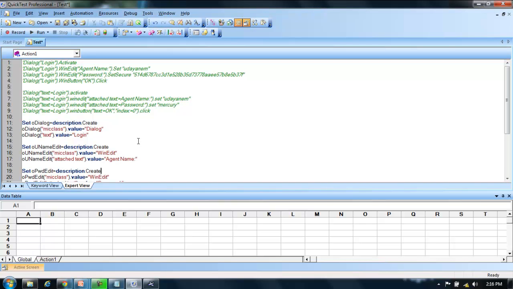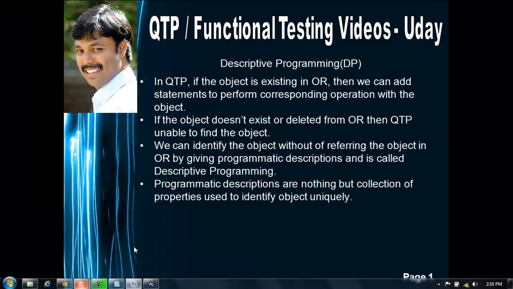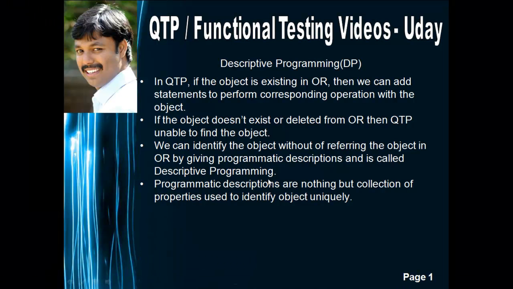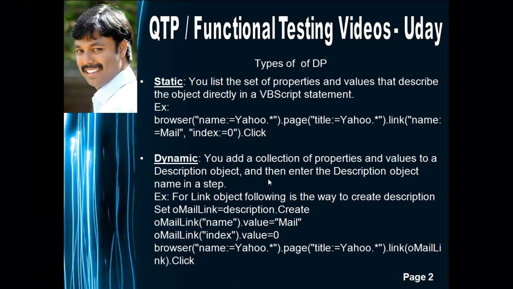In a statement, you can use both as well, static and dynamic, and I will cover that in my presentation. Okay, so let's go through this presentation, and there are a few points we can cover here. So what is static? In static descriptive programming, you can specify the properties in the step itself.